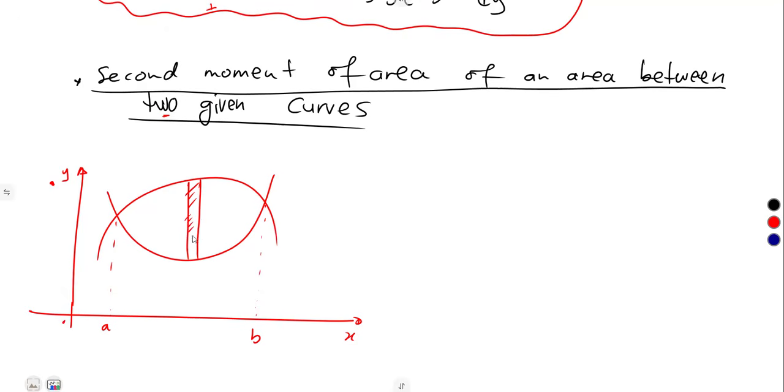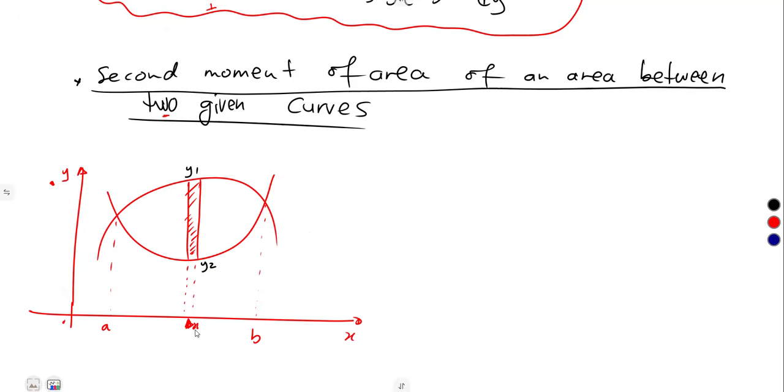Let's say you've drawn your graphs, they're like this, and the representative strip is for x. So definitely you're going to have the graph that is on the top and the one that is on the bottom. So you're just going to consider y1 and y2, the difference between these two graphs, remember, from our area concept.